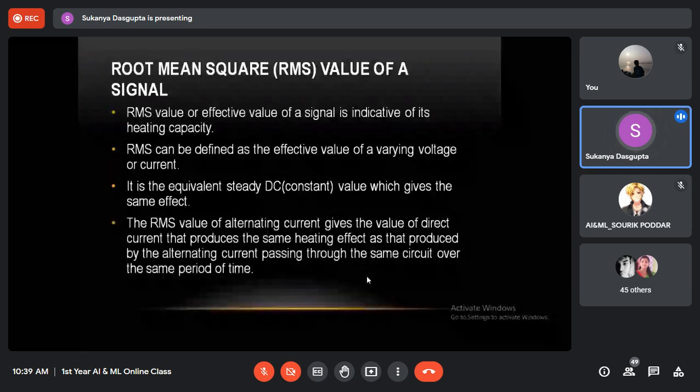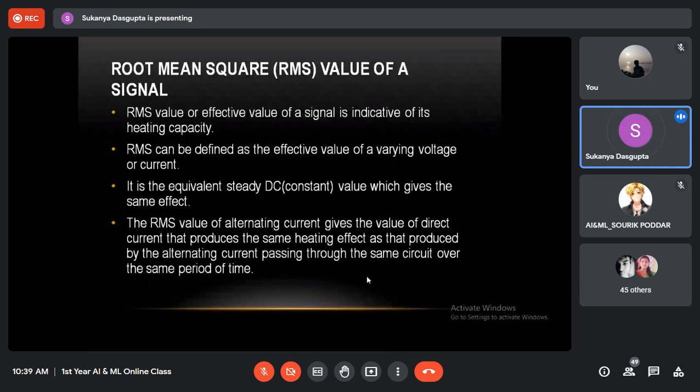Like you are passing a DC current through a DC circuit, whatever heating effect, I square R, you will have for that circuit will be exactly the same in case of an AC circuit in which the current flowing through the element is in RMS form.